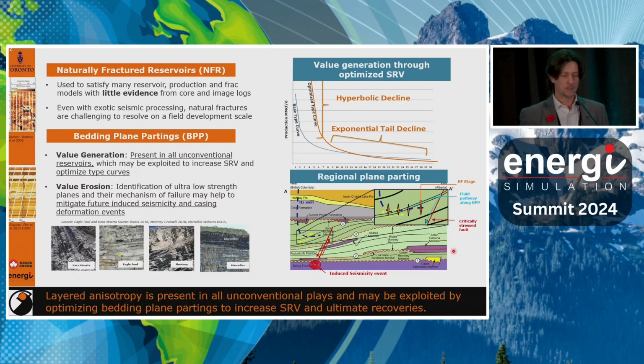But the other point is that by understanding how the fracture works, you might actually try to reduce the impact of potential value erosion. And in particular, what I'm referring to is induced seismic events.